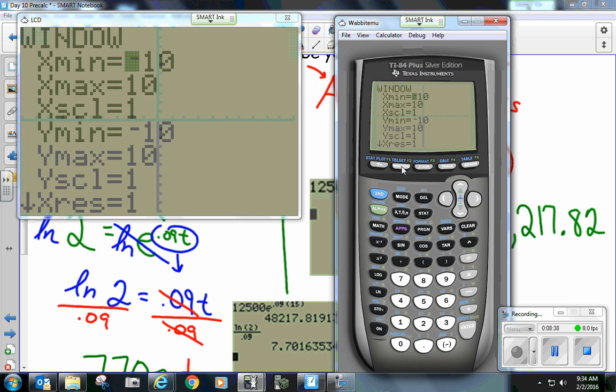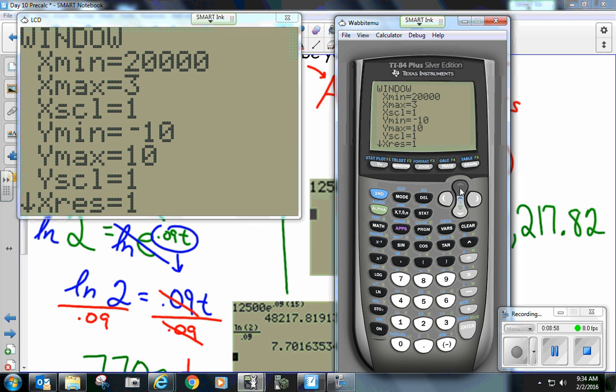So let's go to my window and say, well, the x will start at 20,000 and go to 30,000. Oh, we don't want that. We want that for our y's. Our answer should be 7.7, right? Now, our answer is 7.7. That should be our x value, right?